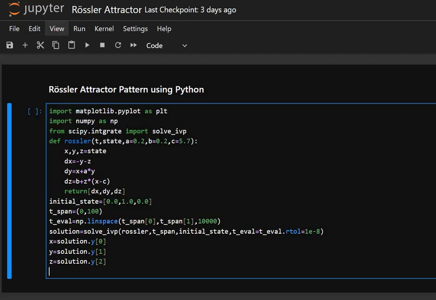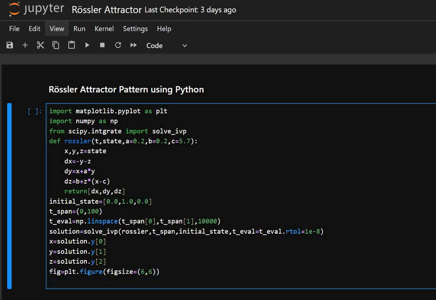And now we'll create the 3D plot. This creates a new figure with size 6 by 6 inches and adds a 3D subplot for plotting.